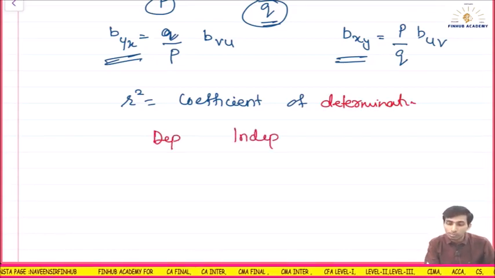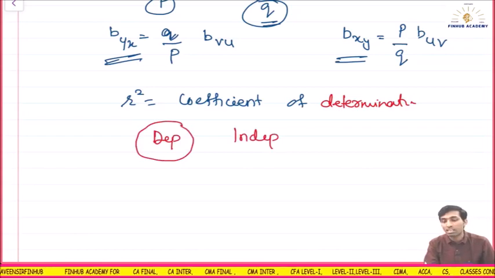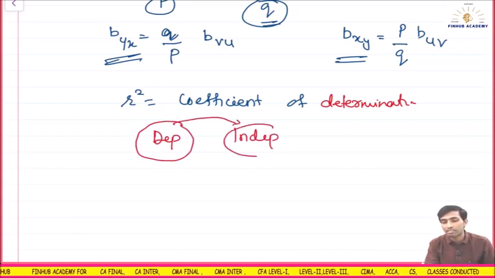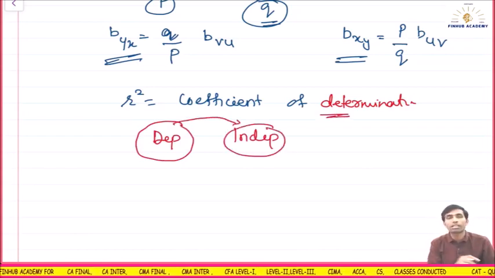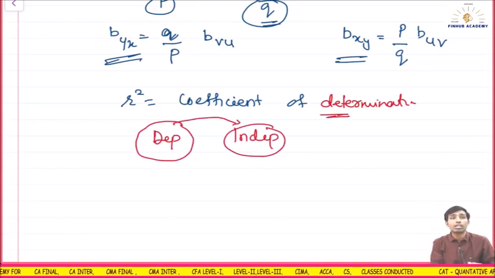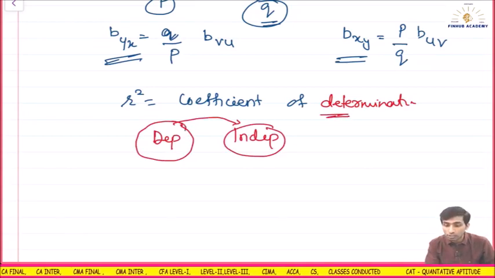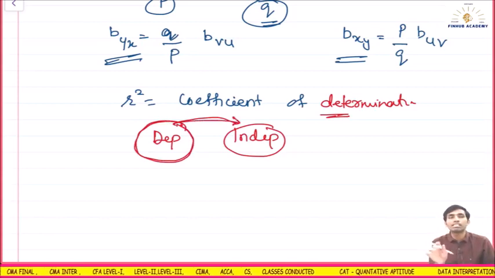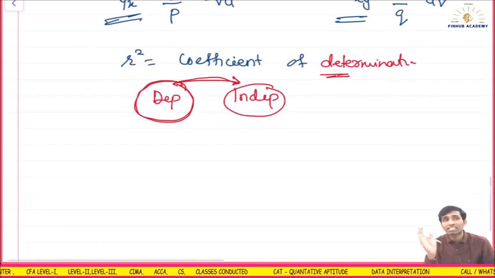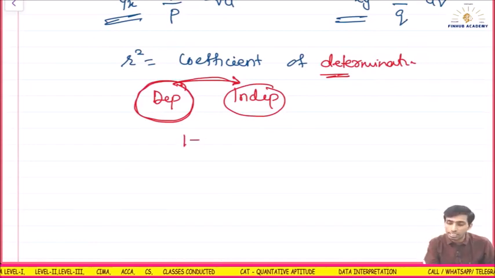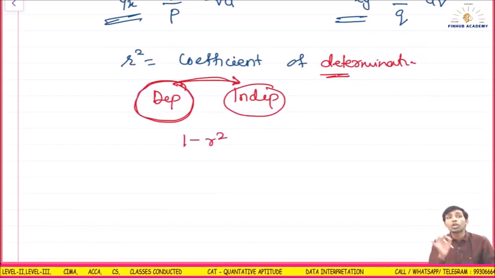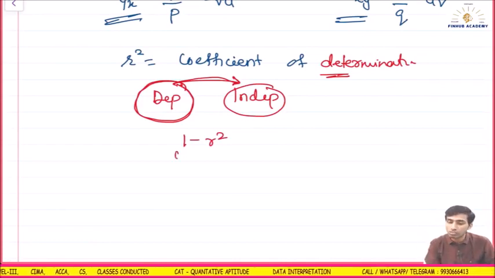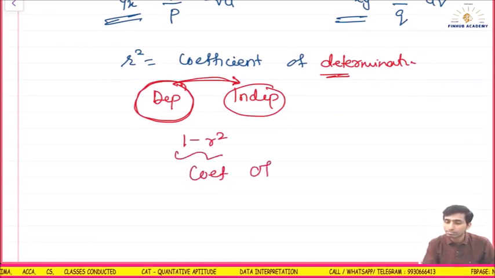How much percentage of the dependent variable is explained by the independent variable is the coefficient of determination. Understood? I repeat, how much percent of the dependent variable is explained by the independent variable is given by r square. How much the remaining factors account for is calculated by 1 minus r square. This is called the coefficient of non-determination.